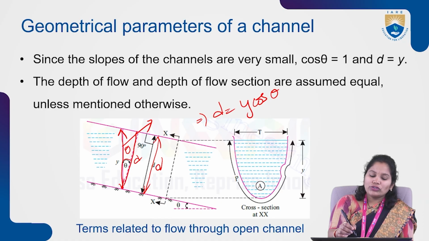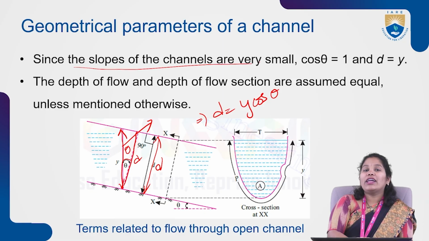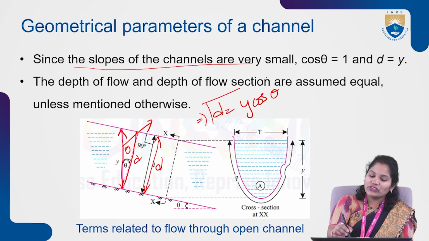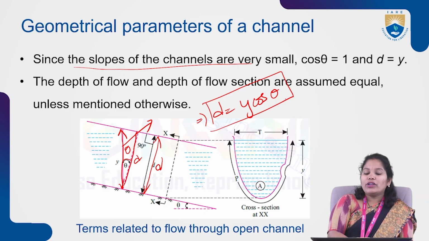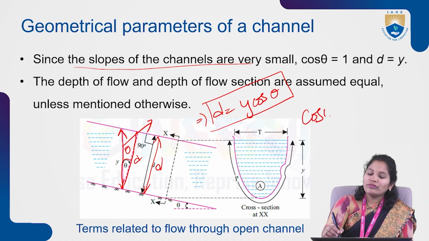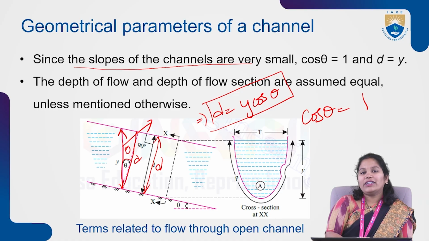If the slope of the channel is very small, then what happens to your cos theta? It is equal to 1.